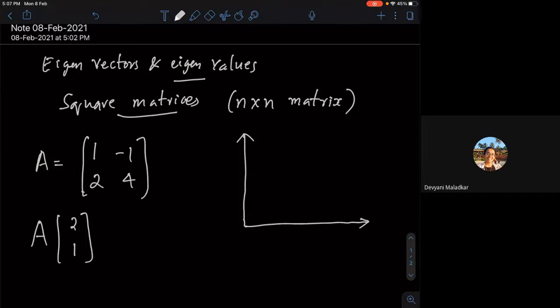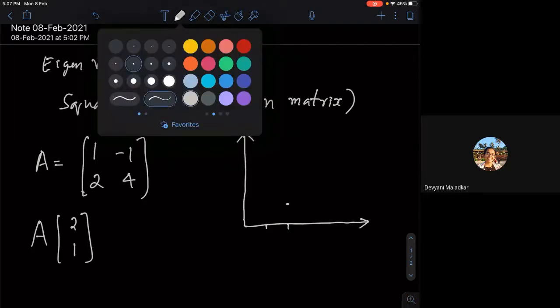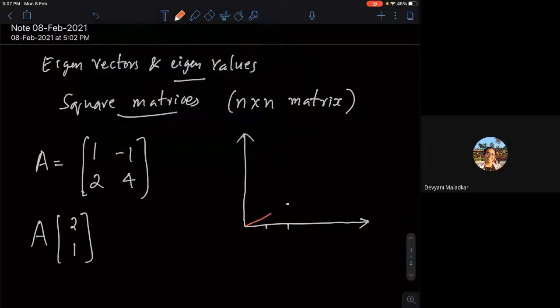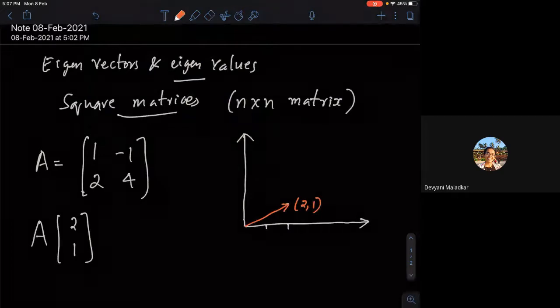So where is 2, 1 going to be? So this is 1, this is 2, and this is 1. So 2, 1 might be somewhere here, right? This is my 2, 1 point.